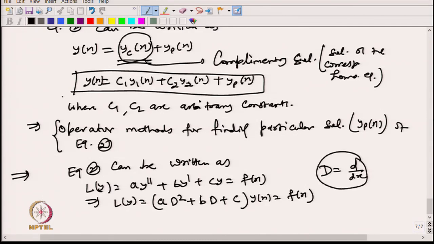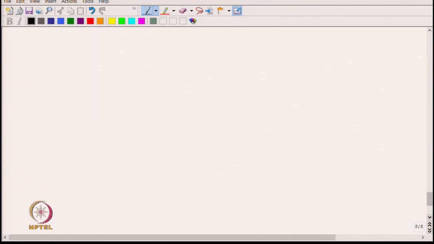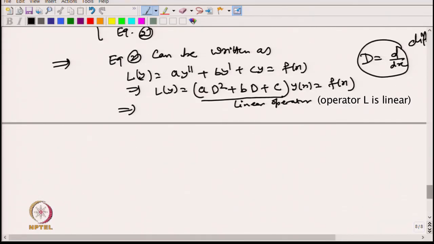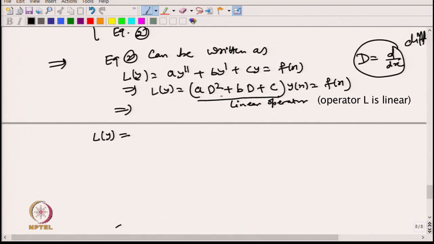This is called a differential operator. I will make use of this. Since a D² + b D + c is some function of D, I can write this as f(D) y(x) = f(x).